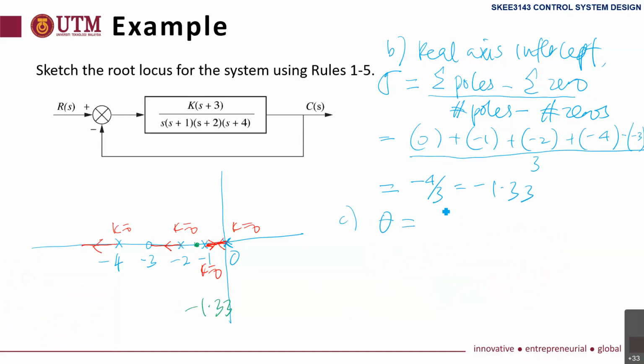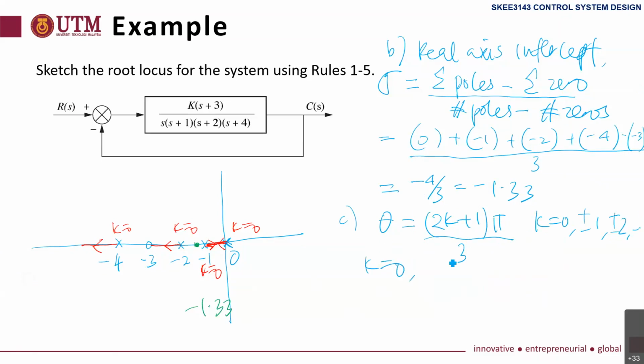If you see the formula, it is (2k plus 1) multiplied by 180 degrees divided by 3, the number of poles minus the number of zeros, and k is 0, plus minus 1, plus minus 2, and so on.